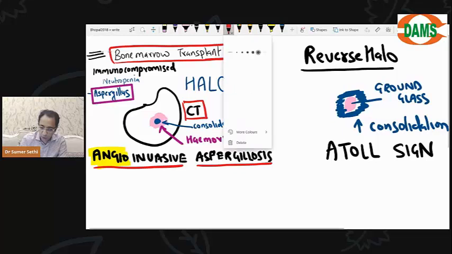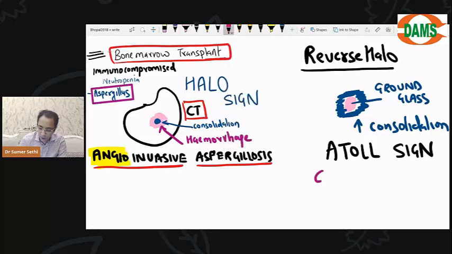That is what you are hearing nowadays in COVID-19 pneumonia. It is a feature of organizing pneumonias.